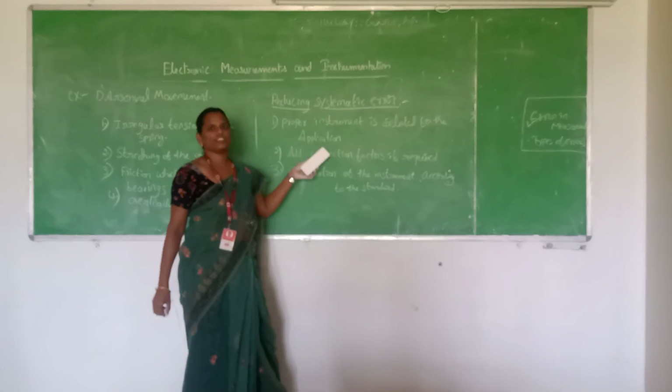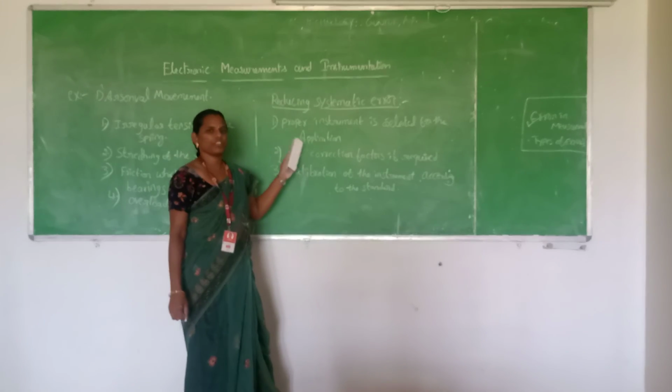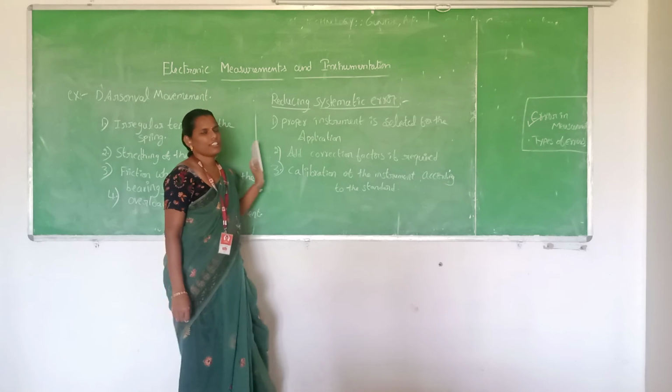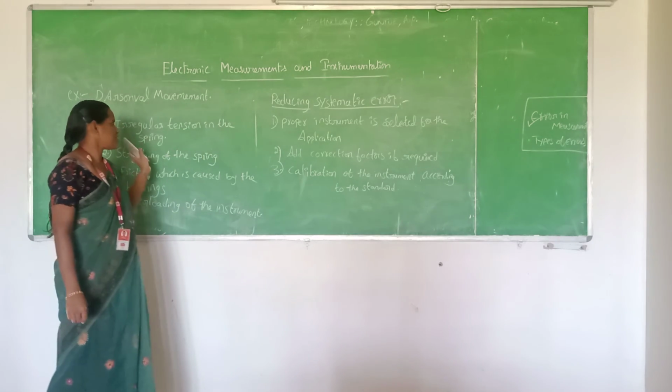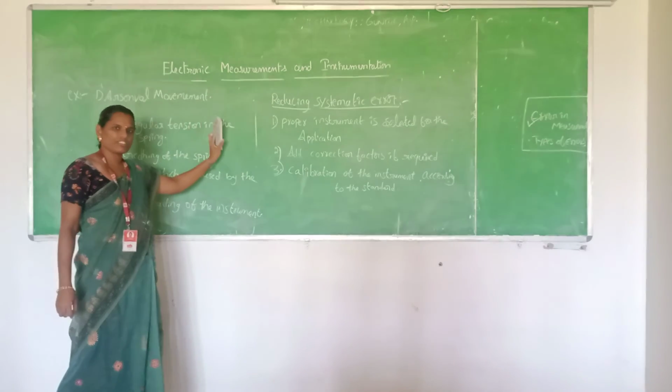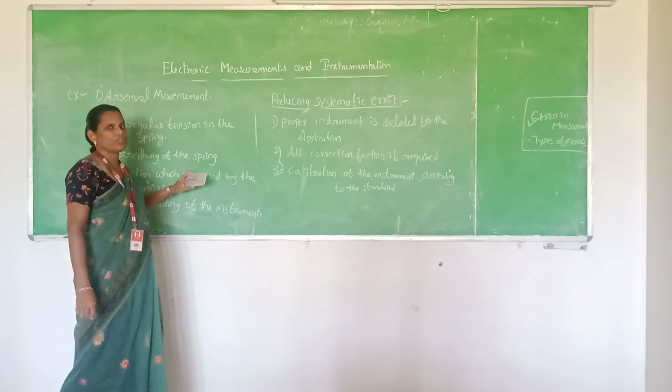So these are the three methods used to reduce the systematic error. Next, in systematic error we have discussed the instrumentation errors. Now we are going for the environmental errors.